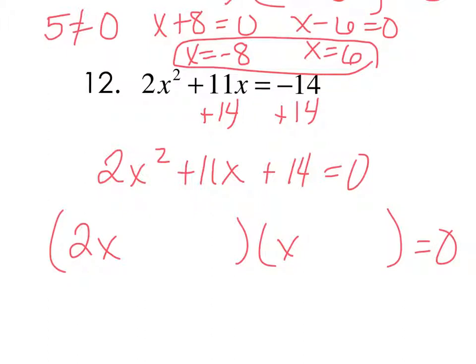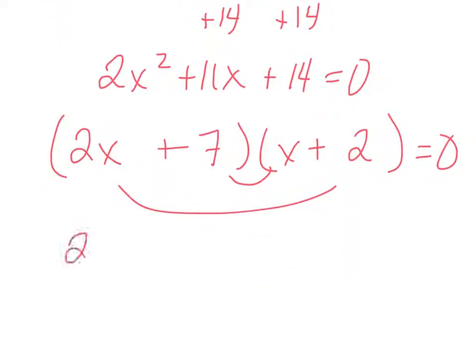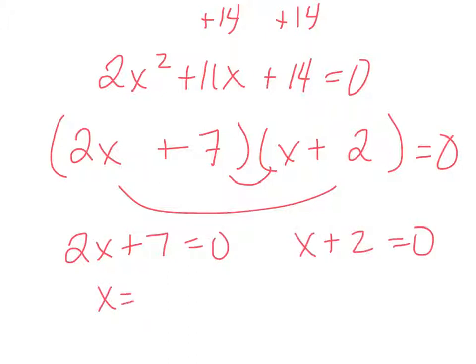And let's see, if I do 7 and 2, let's put the 7 here and the 2 there. If I check, that's going to be 7x and 4x. That gets me 11x. So I know that I'm good. And I'm going to set each factor equal to 0. So x is going to equal negative 7 over 2, and x equals negative 2.